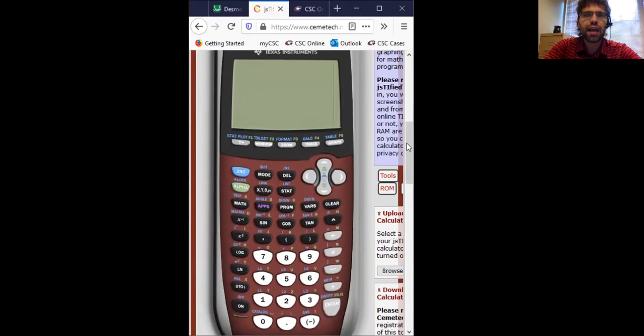So this is a graphical method, first of all. We're going to go to y equals, and we are going to enter this equation into our calculator, just as if we were going to graph it, because we are going to graph it.